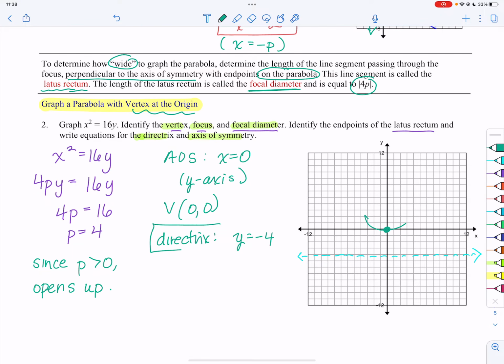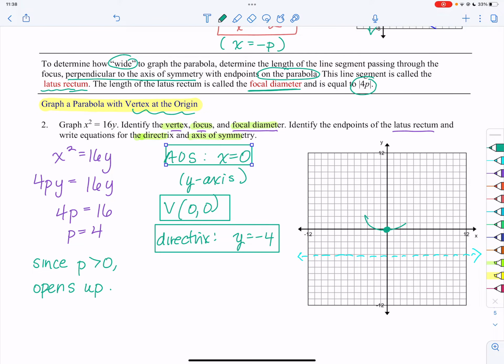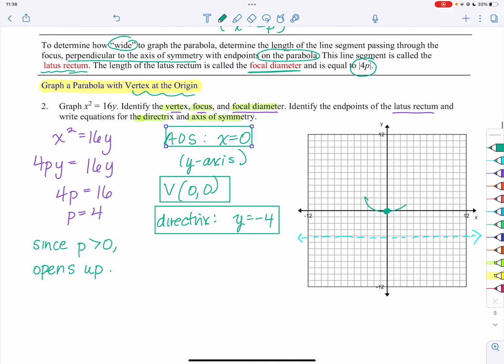So there's our directrix. There's our vertex. Here's our axis of symmetry. So we need the focus, and our focus is going to be (0, 4). We can go ahead and plot that right now. 1, 2, 3, 4.